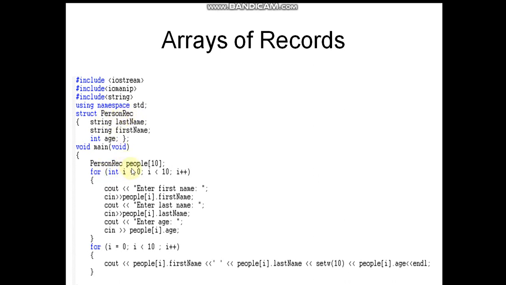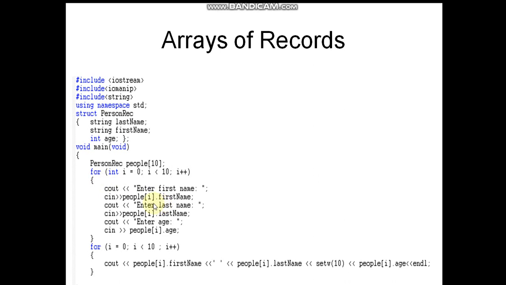This person rec is used in this program, so we can say that the main program is a driver program of the person rec structure. So here we have declared a variable people, which is a person rec, and it has size 10, so data of 10 people will be collected.